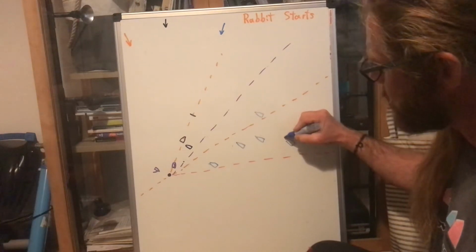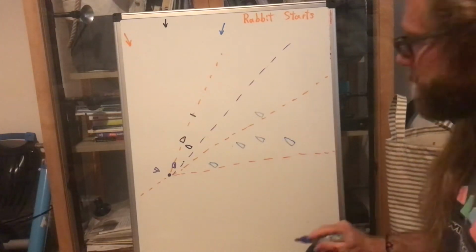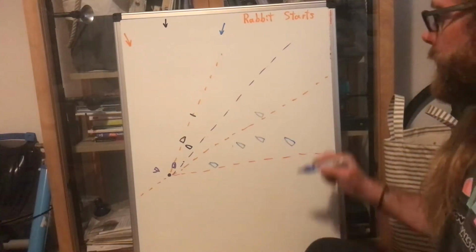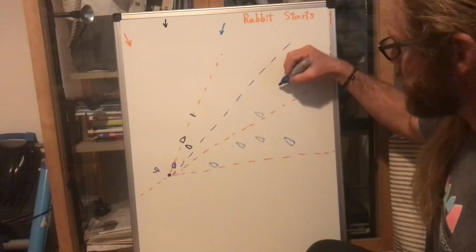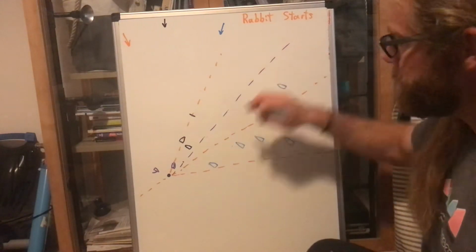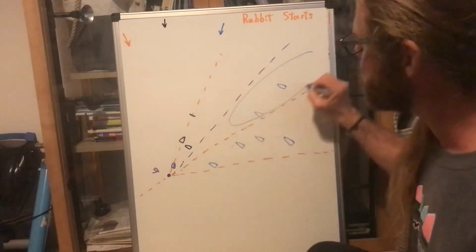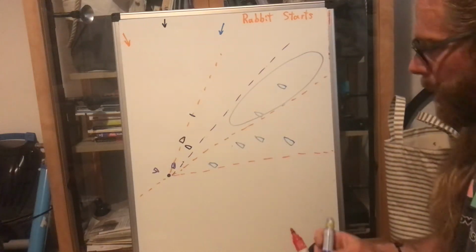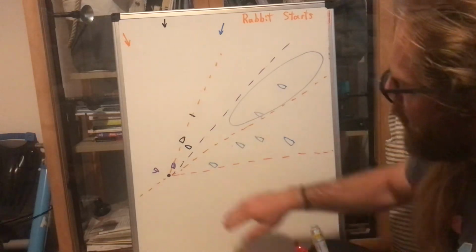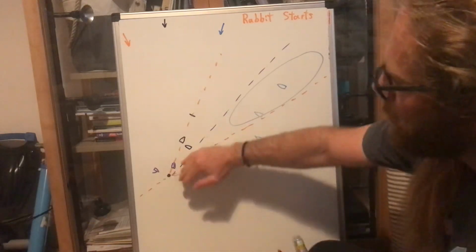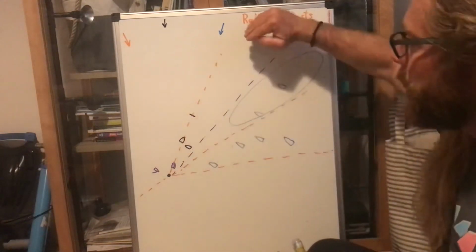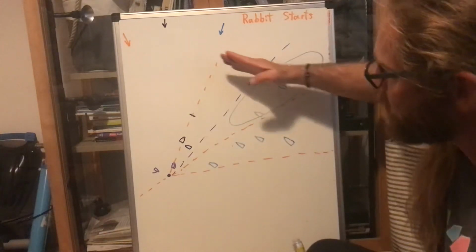This boat definitely misses the rabbit, even though they thought they were safe. So again, being further to windward and further away from the rabbit is sort of the safest place to be. Because if the rabbit points surprisingly high, you can sail and still make it.